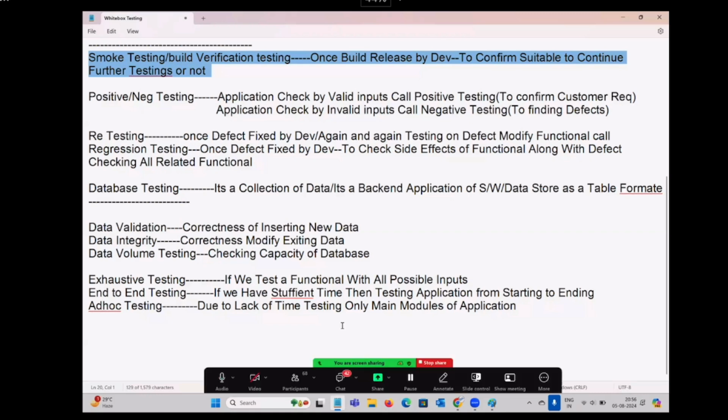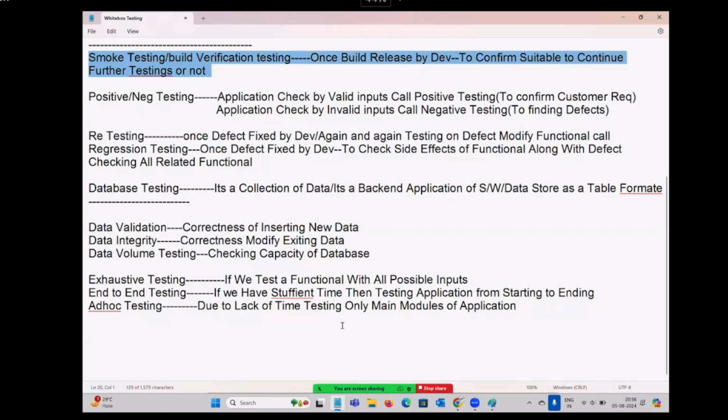Next, positive or negative: checking the application with valid inputs is called positive testing, and checking with invalid inputs is called negative testing. Understand?